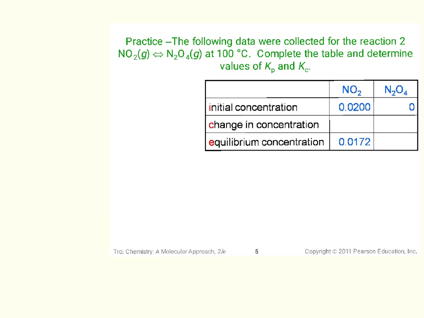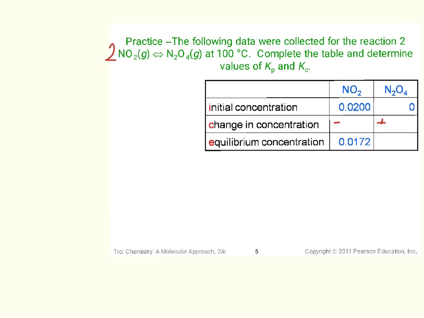One more practice. The following reaction is given: 2 moles of nitrogen dioxide is in equilibrium with dinitrogen tetroxide. The signs of the change in concentrations are going to be negative for nitrogen dioxide and positive for dinitrogen tetroxide.